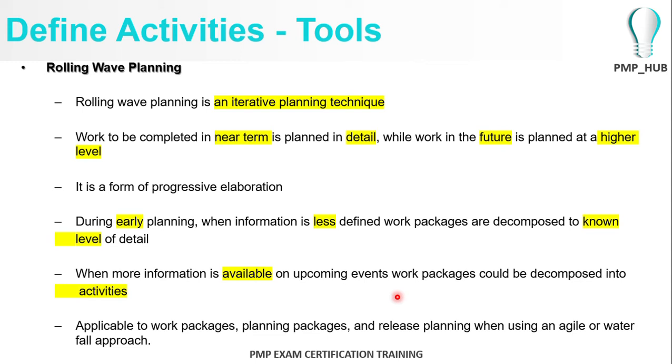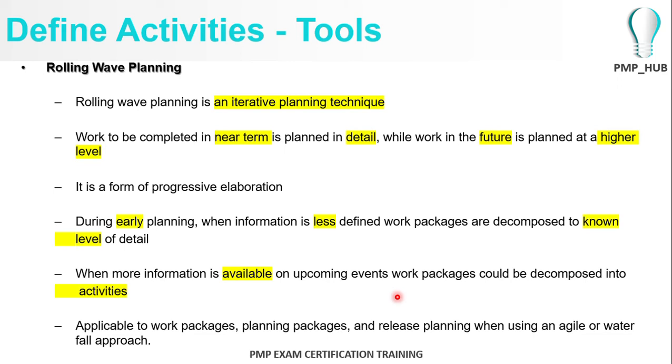Another technique that can be used, as discussed above, is the rolling wave planning method. This is an iterative planning technique where the work to be completed in the near term will be planned in detail, decomposed into detail, and the work to be done in the future will be planned at a high level.